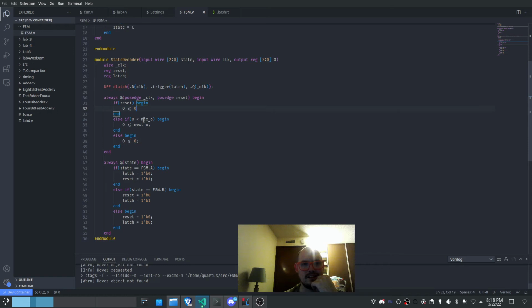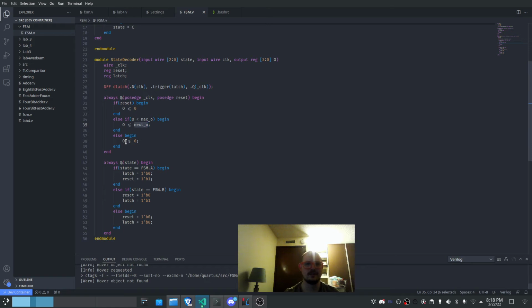Otherwise, if O is less than the max output, then O will be equal to whatever the next O value should be. And otherwise, if neither of those are true, then O is still equal to 0. So there might be a more succinct way to write that, but this approach is perfectly fine.